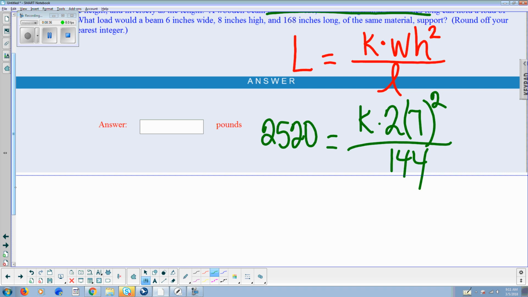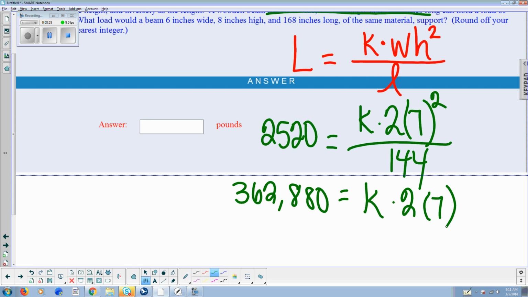So the first thing I will do is multiply 2520 times 144, which is 362,880 equals K times 2 times 7 squared. Let's see, 7 squared is 49, and multiplied by 2, that is 98.